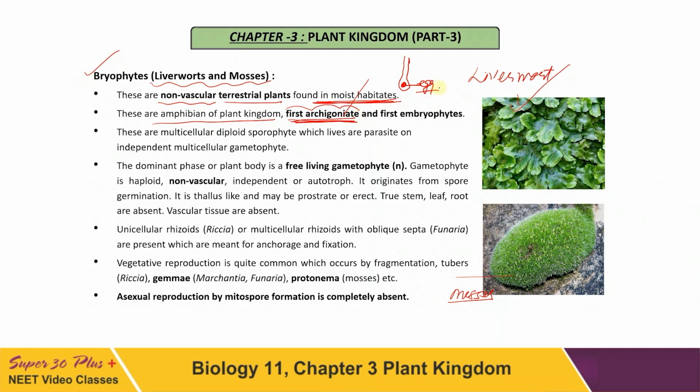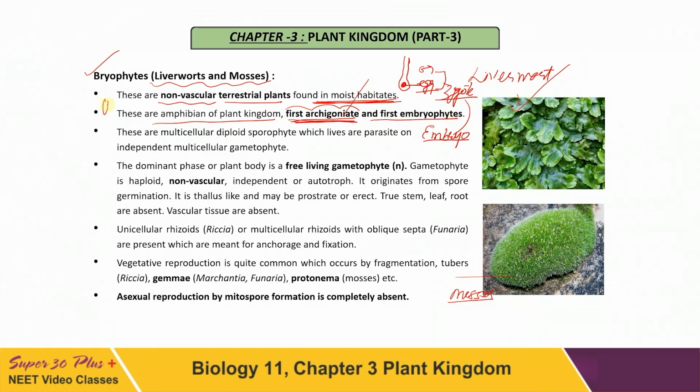And when the egg fuses with the male gamete, the zygote is formed. For the first time in the plant kingdom, the zygote develops into an embryo. So, the embryo is formed for the first time in the plant kingdom in bryophytes, and therefore we can call this the first archegonate and first embryophyte.